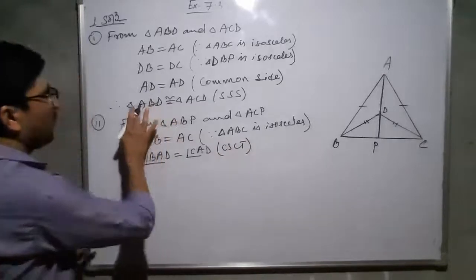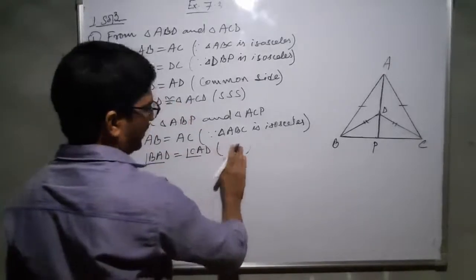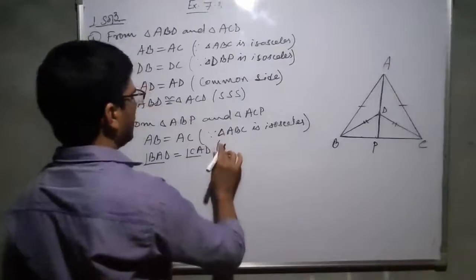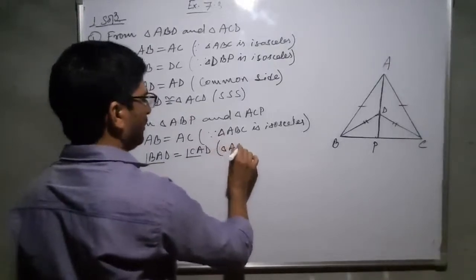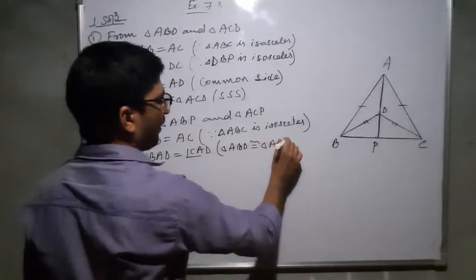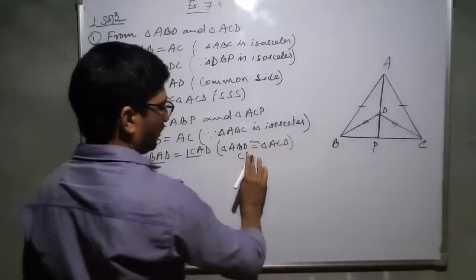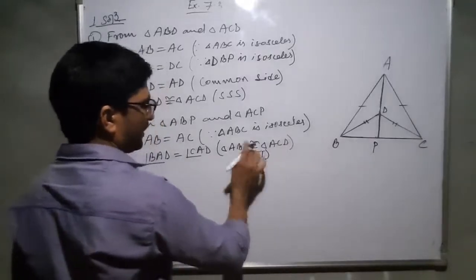Why? From one, because these two triangles are congruent. You can write here, instead of CSCT, since triangle ABD is congruent to triangle ACD. Anyway, you can write. So this is CSCT from this region.